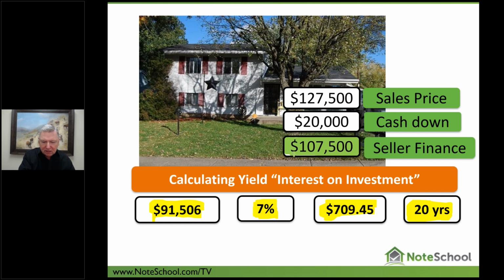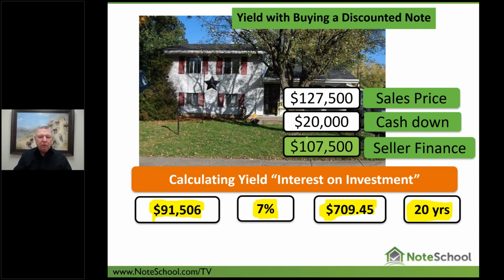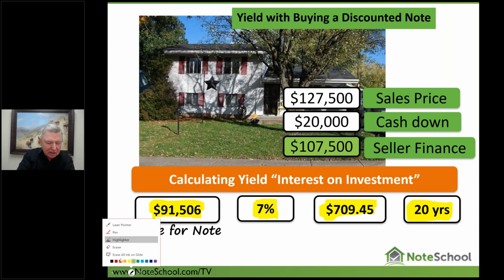So as you can see there, in order to do that, the yield that I'm buying a discounted note at would determine that my price for the loan would be slightly less. So once again, this gives you a good solid clarity of what an investor does: he is earning a yield on a note and an ROI on a rental.